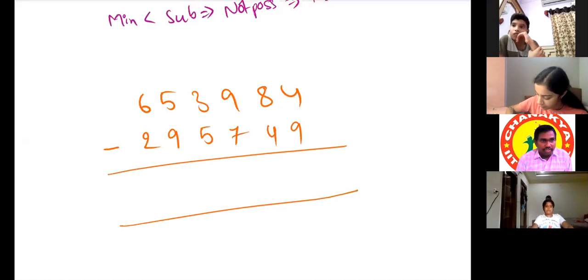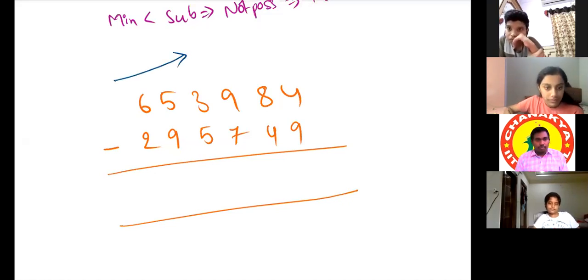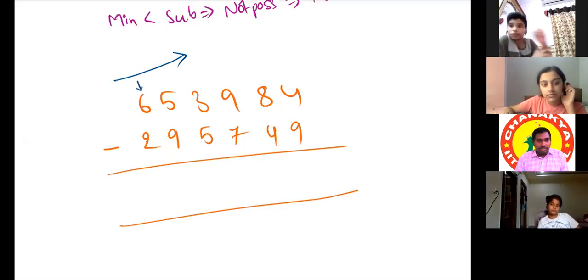All of you concentrate on this. Left to right, we are going to do. If the minuend is greater than the subtrahend, it's a match case. If the minuend is less than the subtrahend, it's a mismatch. First column, is it a match or mismatch?